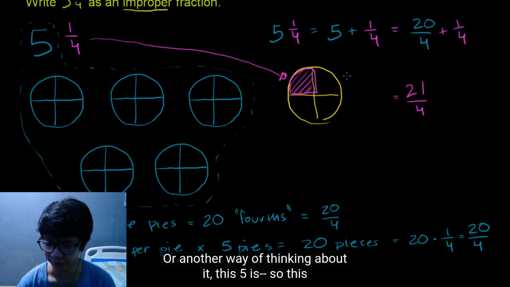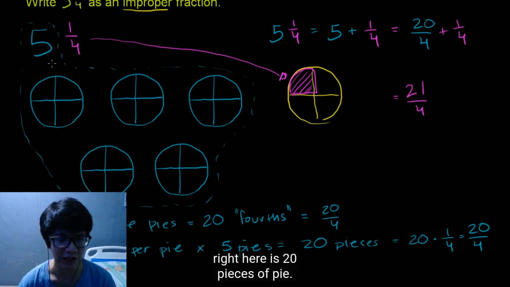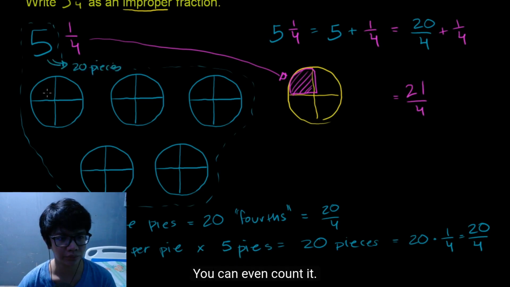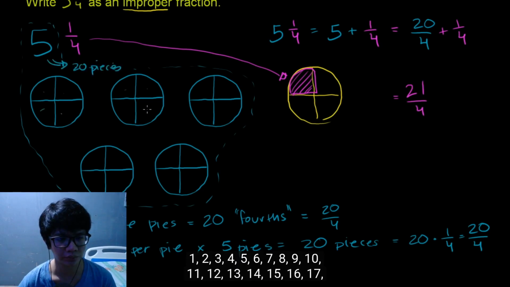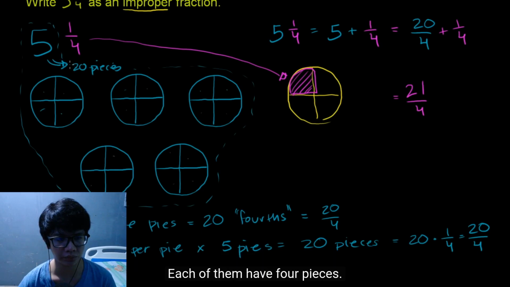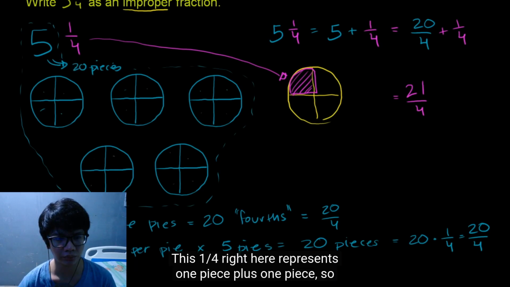Or another way of thinking about it, this 5 right here is 20 pieces. 20 pieces of pie. And you can even count it. 1, 2, 3, 4, 5, 6, 7, 8, 9, 10, 11, 12, 13, 14, 15, 16, 17, 18, 19, 20. But a quicker way is to say, well, we have 5 pies. Each of them have 4 pieces. 5 times 4 is 20. This 1/4 right here represents 1 piece plus 1 piece.